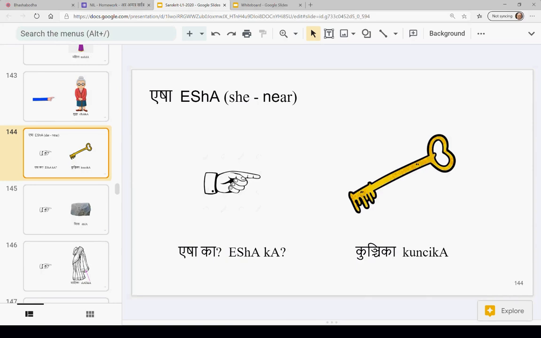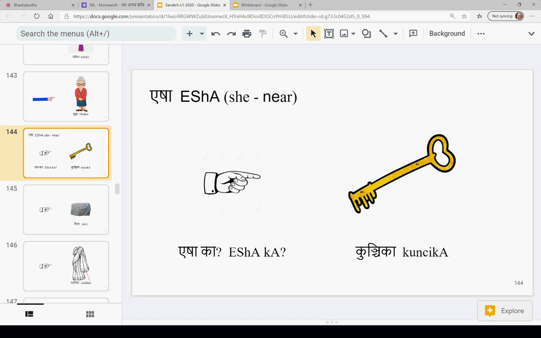So generally, when we have gone through many words and also the additional words which would help us to form sentences like Esha, Sa, Tat, Etat, etc. And also question words like Kaha, Ka, Kim, and additionally Atra, Tatra, Sarvatra, Amna.